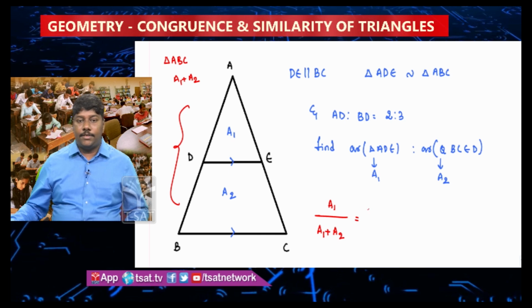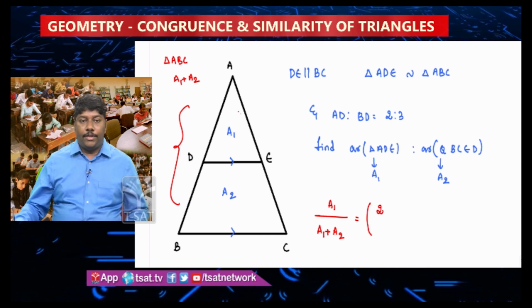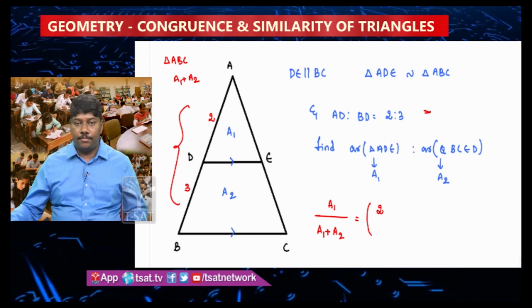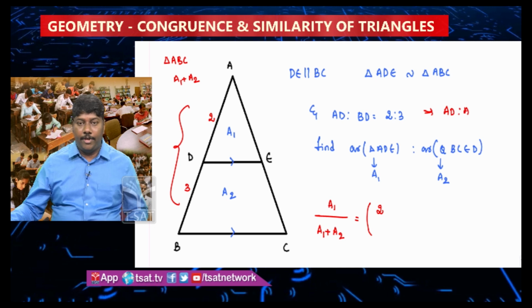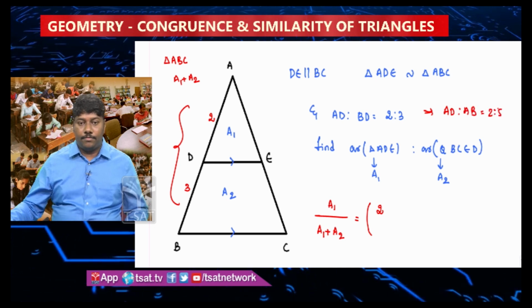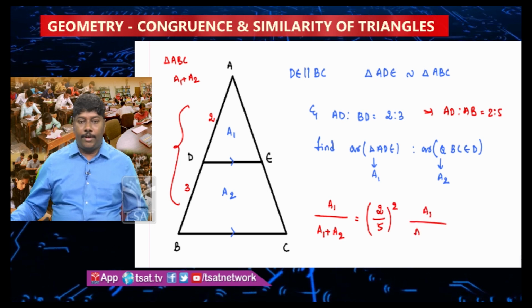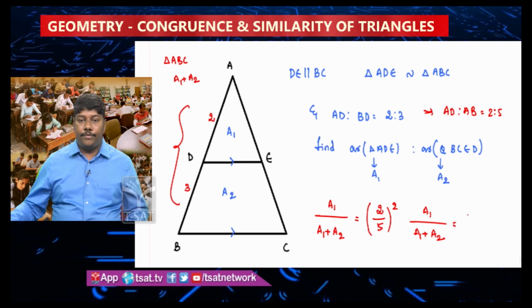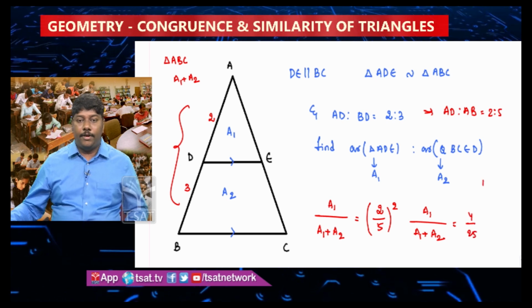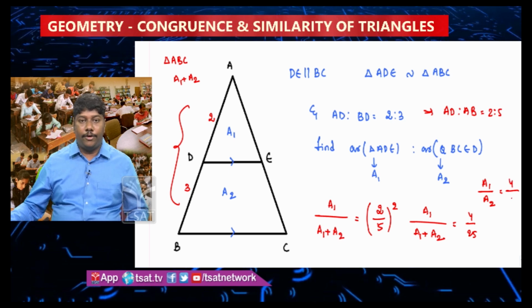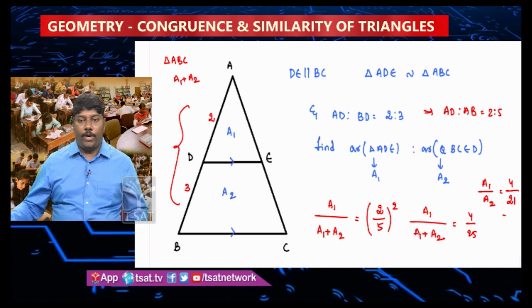Ratio of their sides, this is 2 and this is 3, AD is to AB becomes 2 is to 5. So this is 2 by 5 whole square. Now area 1 by area 1 plus area 2 is equal to 4 by 25. But I am looking for area 1 by area 2. So this is 4 parts. Out of 25 parts you take out 4 parts. It becomes 21.